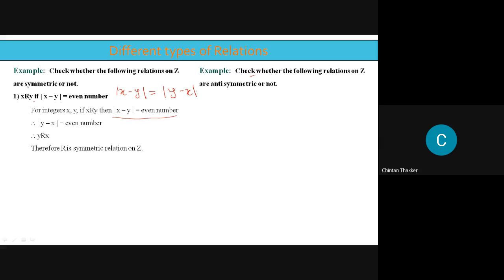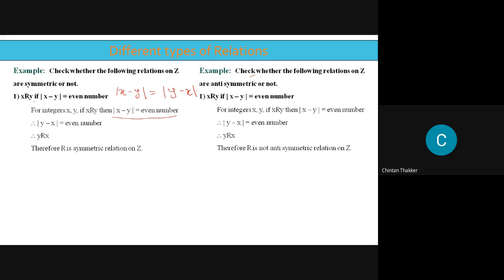Because y is related to x, and here also y is related to x, this relation is not an anti-symmetric relation. But that doesn't mean that if a relation is symmetric, then it is not anti-symmetric.